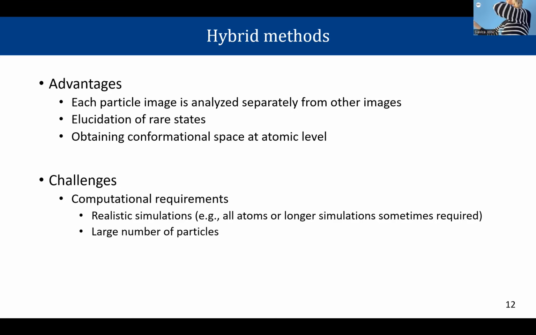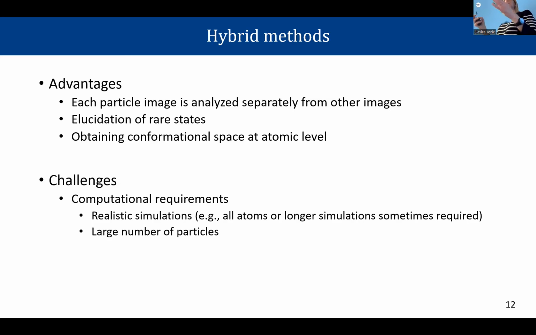Just to make the point, what we call hybrid methods are those methods that combine a molecular simulation with image analysis. All these methods require some atomic model. In some cases, when you don't use MD simulation, there is one method called HEMNA that uses only normal mode analysis. In this case, you don't need an atomic model.